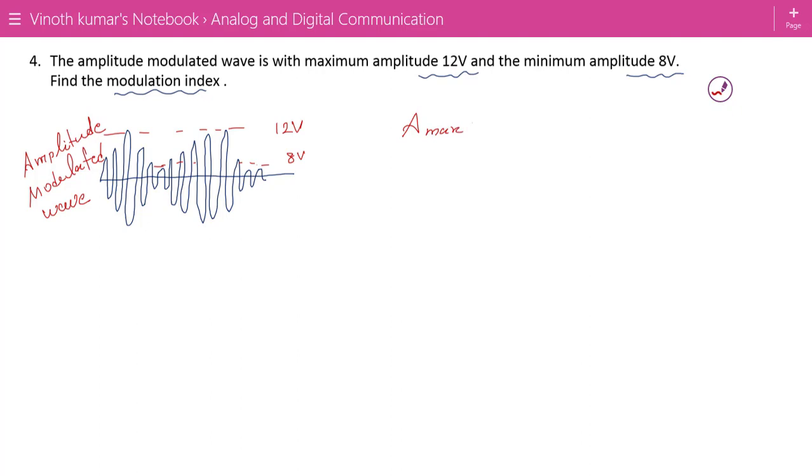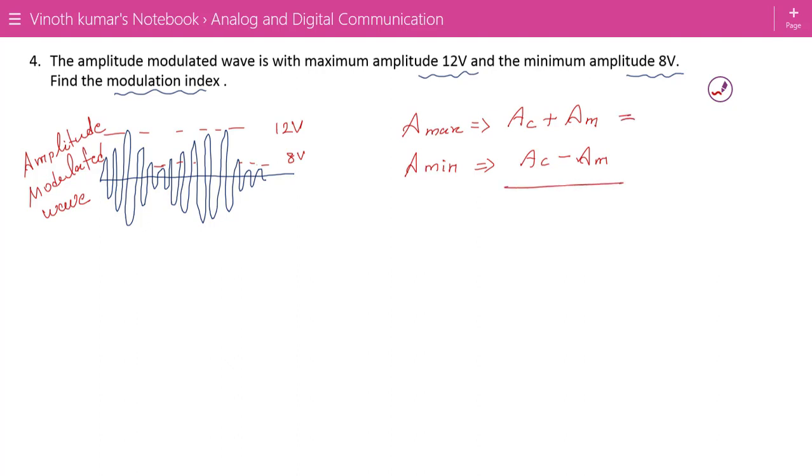The modulation is based on the carrier signal; the amplitude of the carrier signal is modulated according to the properties of the message signal. So A maximum is the combination of the carrier amplitude and the message amplitude, and the minimum value is the difference between the carrier amplitude and the message amplitude.